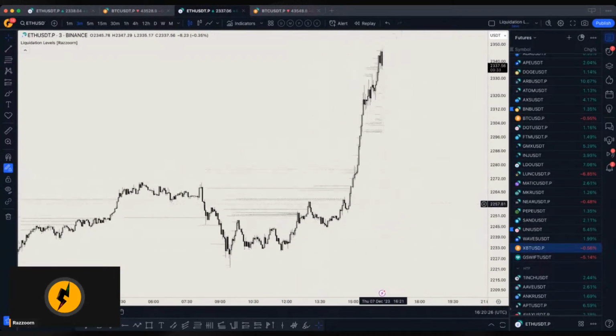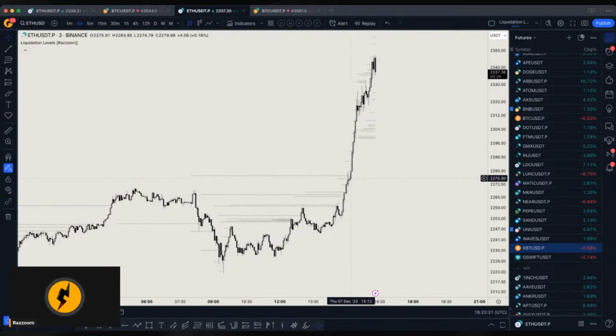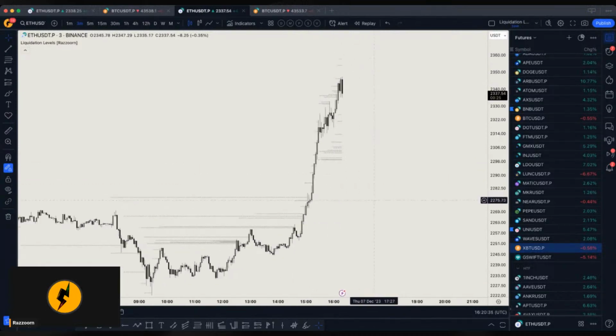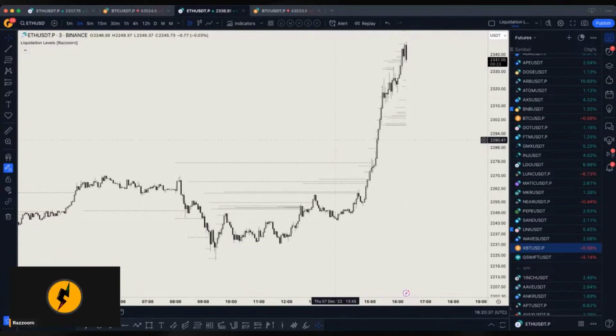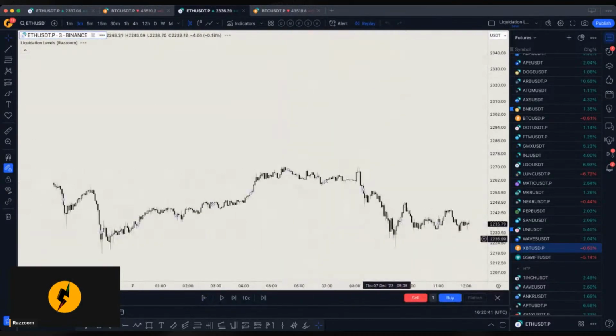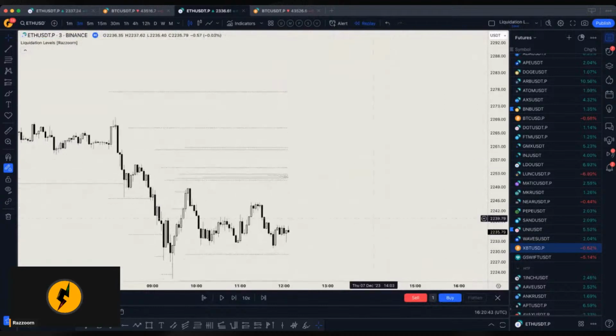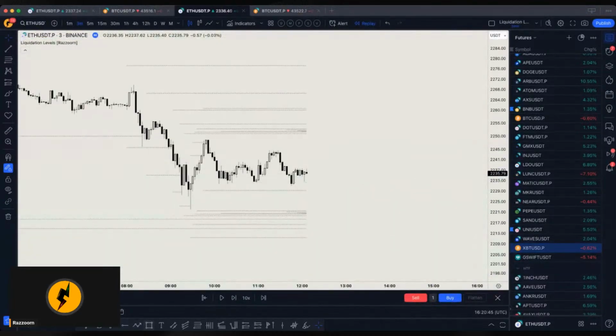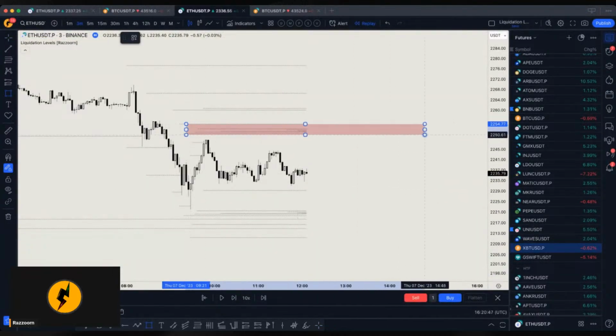Another thing about this is that obviously it is a leading indicator, not a lagging one, right? For example, when you are here in your chart, you already see this zone right here.